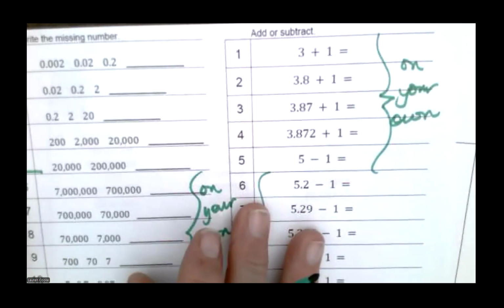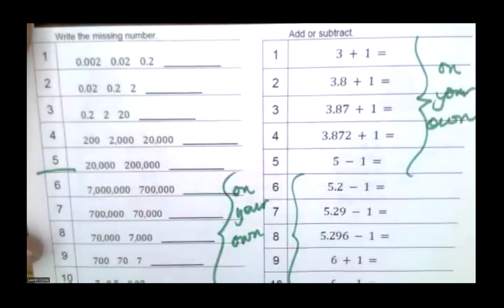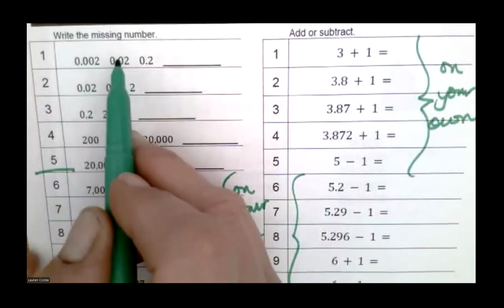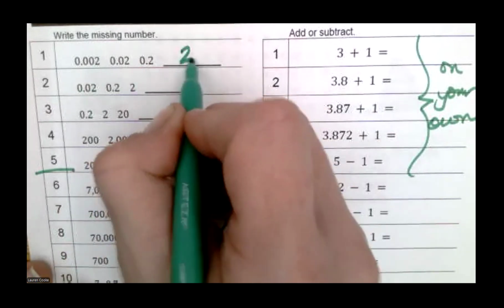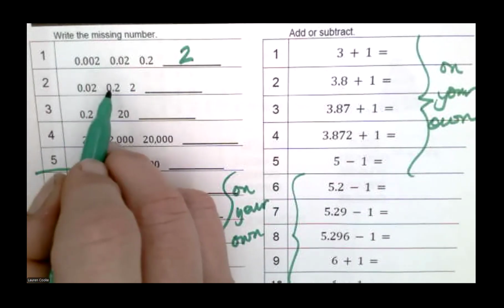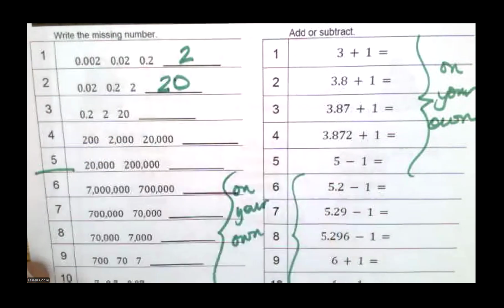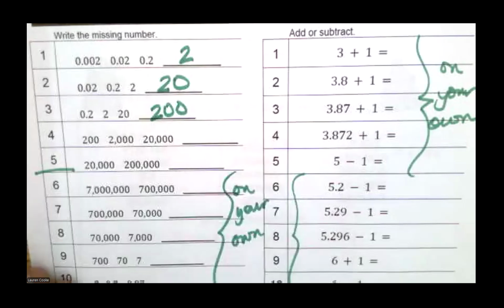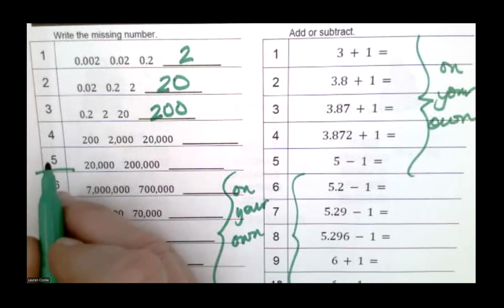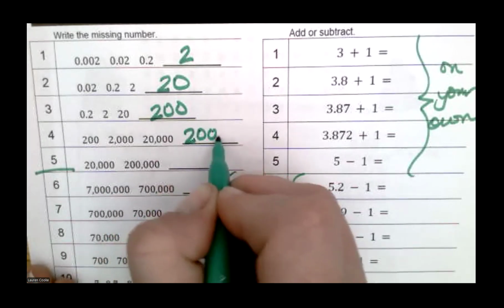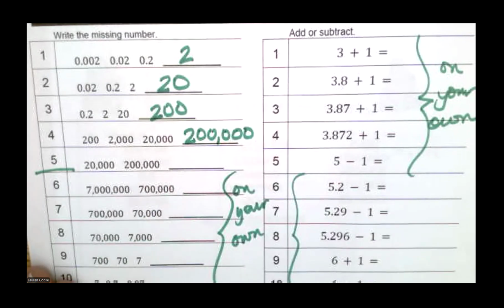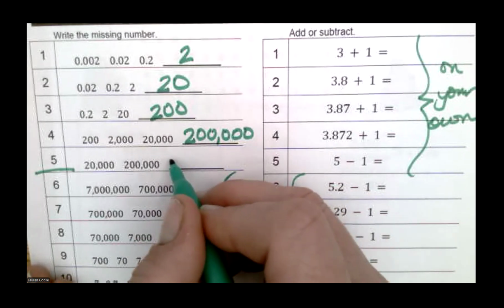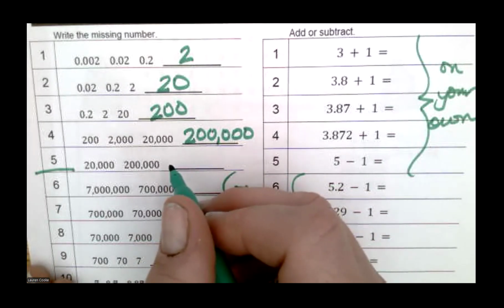Okay, so let's start with the pattern. I'm going to count it out loud because that's the best way for me to understand things. I'm going to say thousandths, hundredths, tenths, ones, tens, 100, 1,000, 10,000, 100,000.